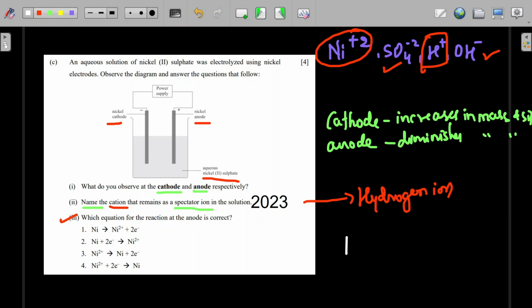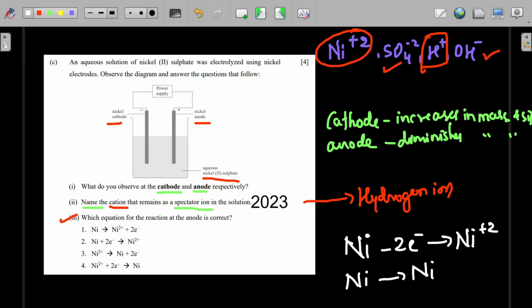Nickel loses 2 electrons. Loss of electrons at the anode is oxidation. But here they sent these 2 electrons to the right hand side. So it will become nickel plus. Okay, right? I got confused.